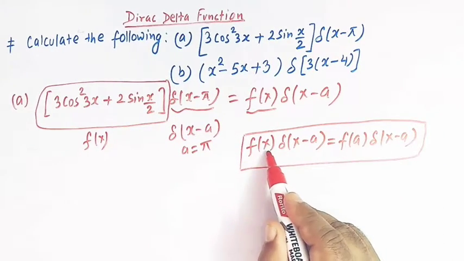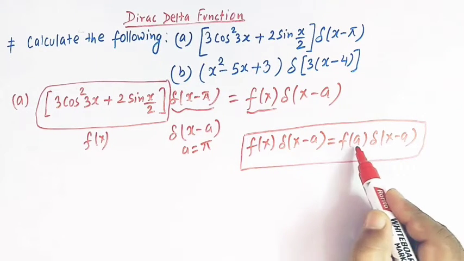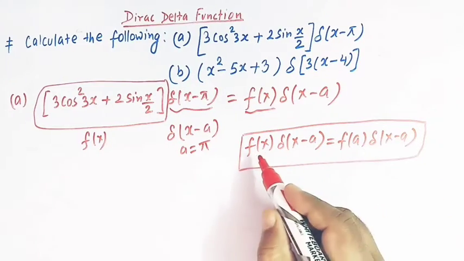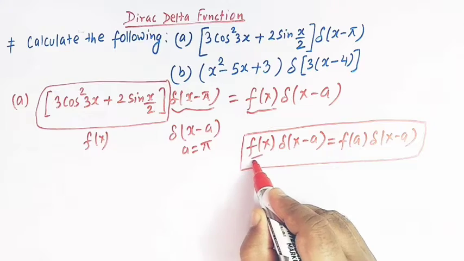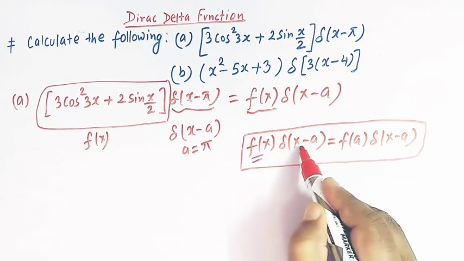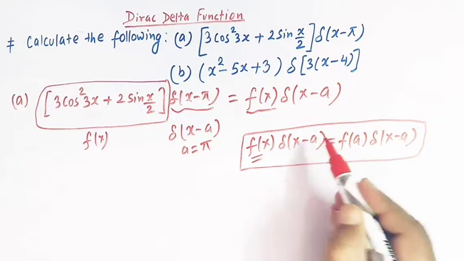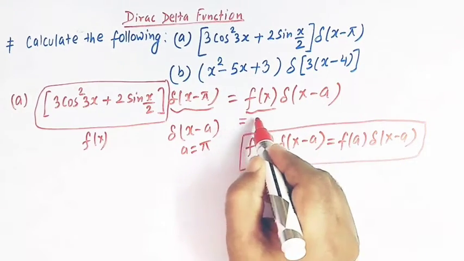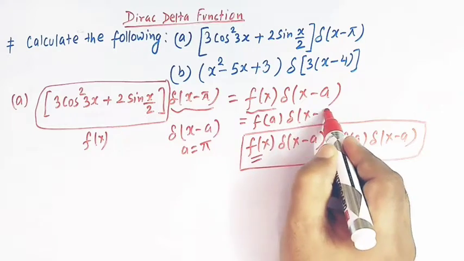So f of x delta of x minus a is equal to f of a delta of x minus a, right? So here what we have done, we have evaluated the value of this function f of x at the point x equal to a, right? So here f of x delta of x minus a is simply f of a delta of x minus a.